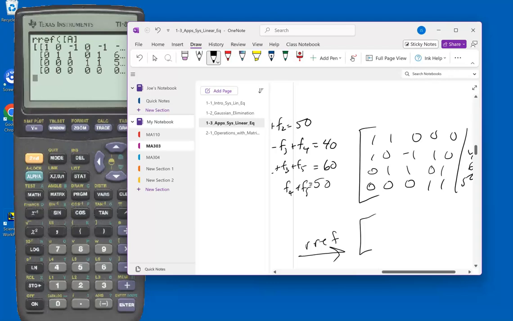All right, so we've got 1, 0, negative 1, 0, negative 1. And I can't see the other one, so I'll write it down and then I'll scroll over. 1, 0, 1, 1, 0, 1, 0, 0, 0, 0, 0. Missed a row.